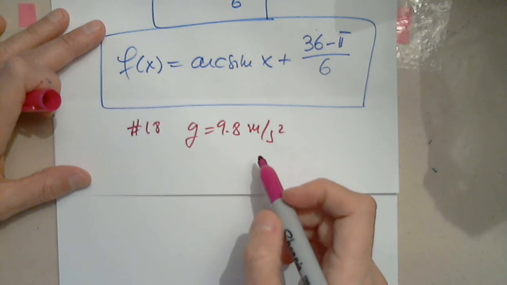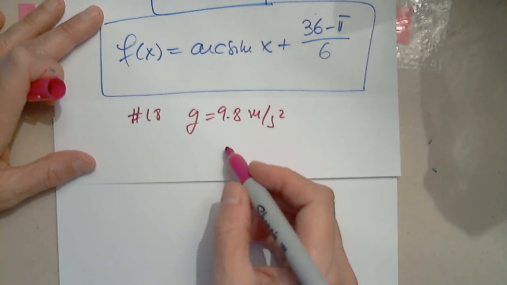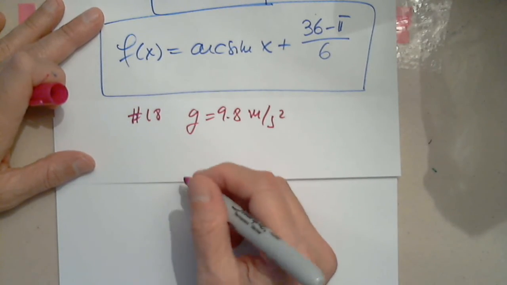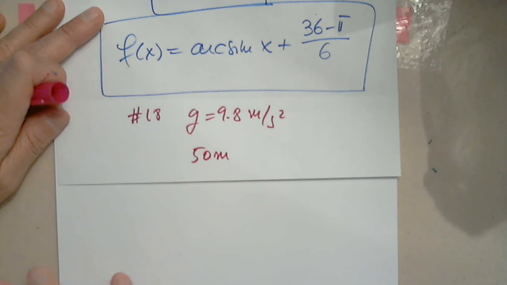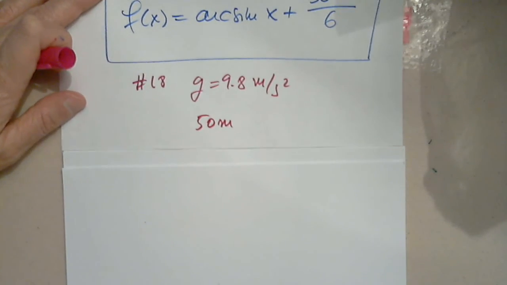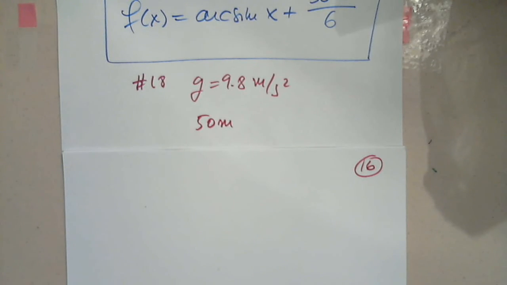It doesn't really matter. That's fine. So it's from 50 meters above the ground. Find the distance in meters of the stone above ground level at time t. So we are really asked to find an equation.